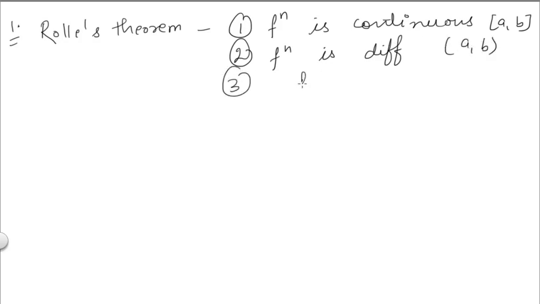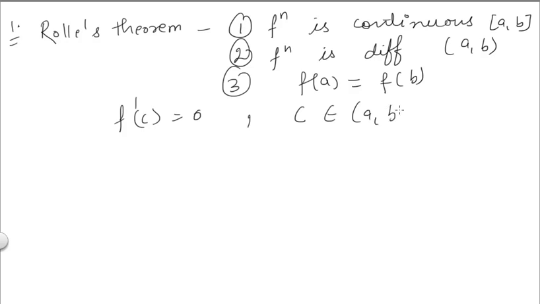Third condition, f of a should be equal to f of b. If these three conditions are satisfied, we say Rolle's theorem is applicable to that function, and then we write f dash c equals 0. That means the first order derivative of the function, where we replace x with c, and from here we calculate c, which belongs to a comma b only. c will be any value between a and b. Right, this is how we solve it.